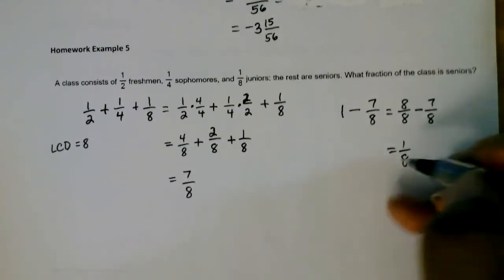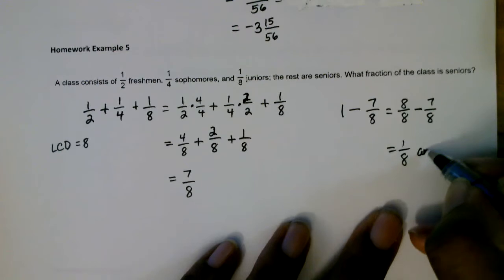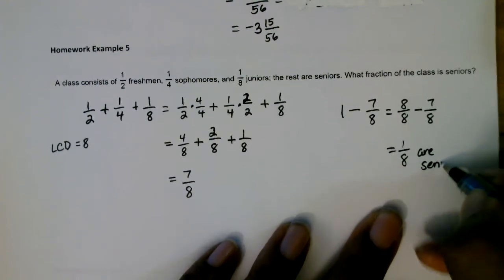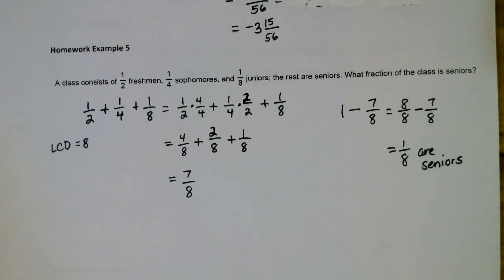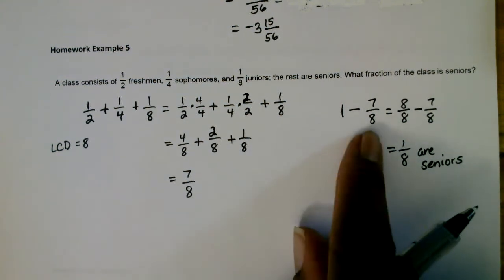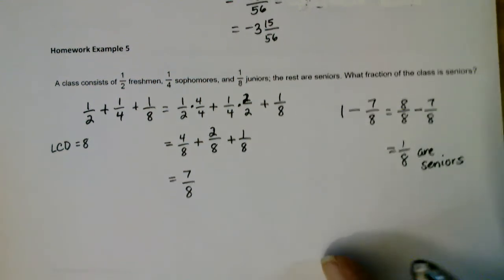So it'll be 1/8. So 1/8 of the class are seniors. Okay. So in this case, that 1 whole with a denominator of 8 will have to be 8 over 8, because there are 8 8s in a whole.